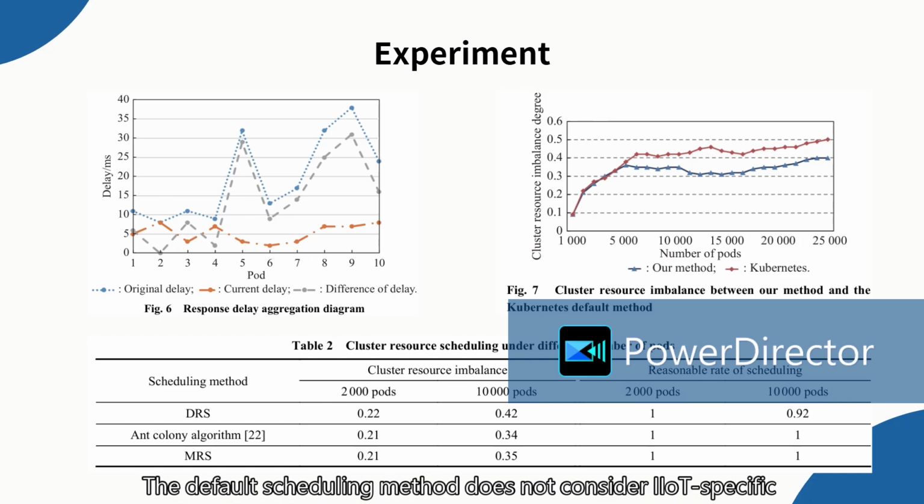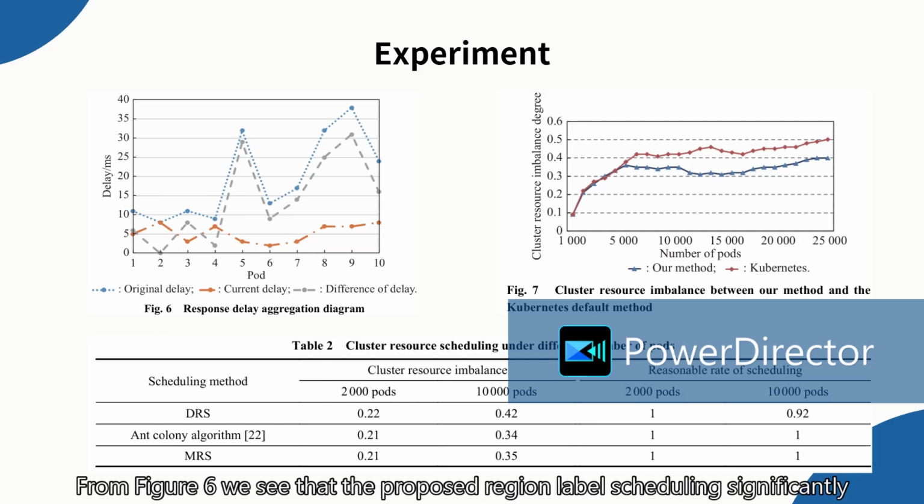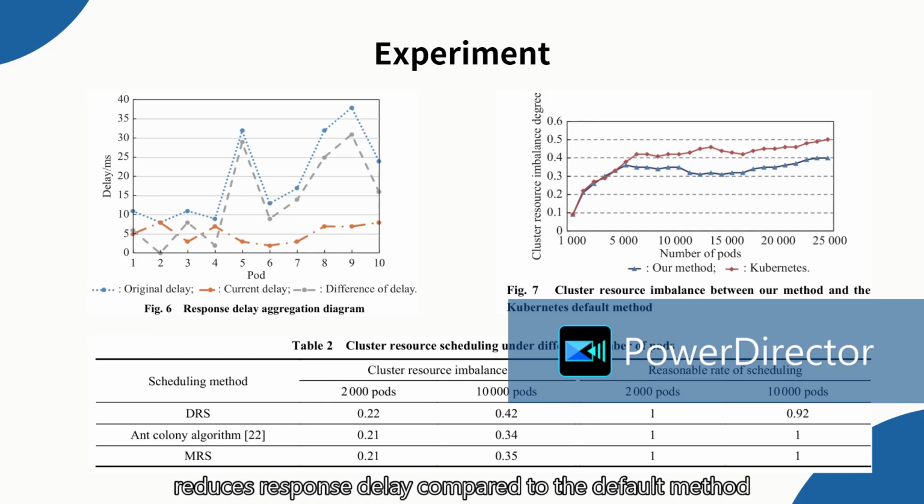The default scheduling method does not consider IoT-specific delay requirements and uses a basic filtering approach. From Figure 6, we see that the proposed region label scheduling significantly reduces response delay compared to the default method. This improvement is due to the effective selection of nodes optimized for IoT environments.